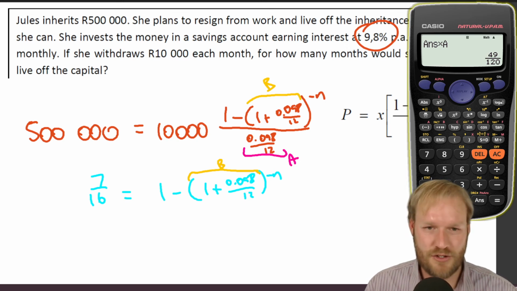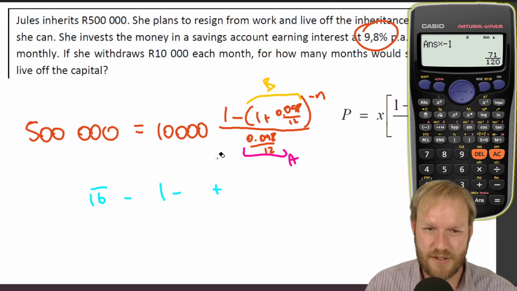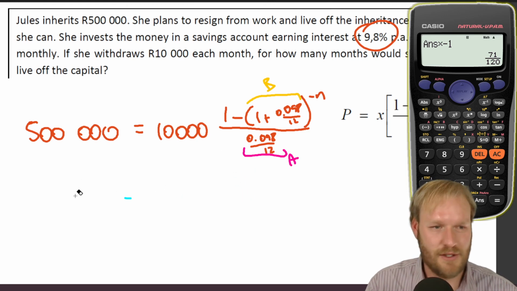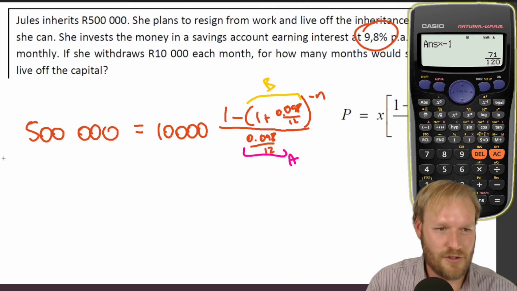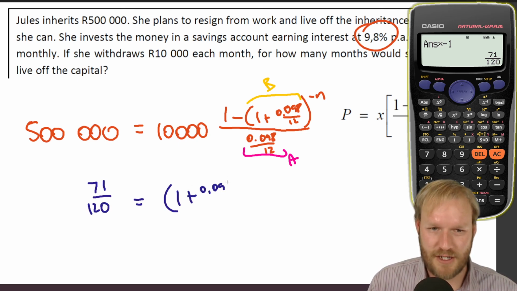That looks good. We need to subtract 1, minus 71 and times by minus 1, and that seems a whole lot better. Maybe it was in trying to write down in between steps. Okay, so we're back on track at least. What we've got is 71 over 120 equals 1 plus 0.098 over 12 to the negative n.